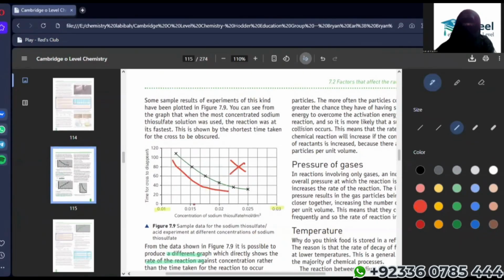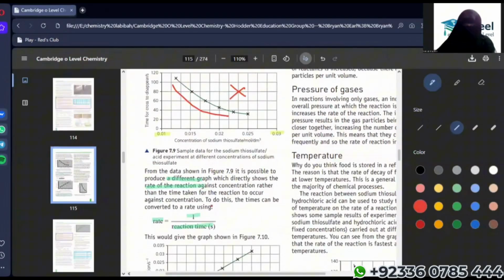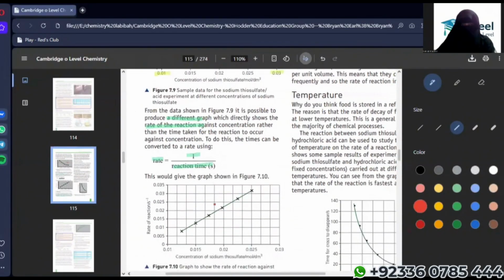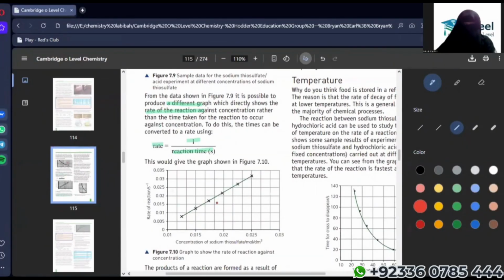If you were to plot this directly to show the difference between the rate of reaction and the increase in concentration, you can see that increase in concentration increases the rate of reaction. So, rate of reaction is directly proportional to increase in concentration.